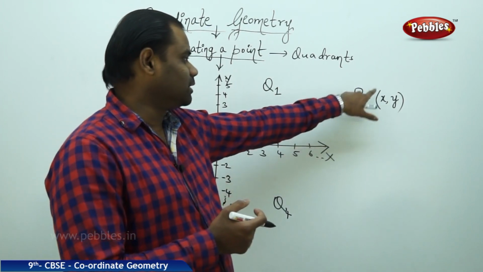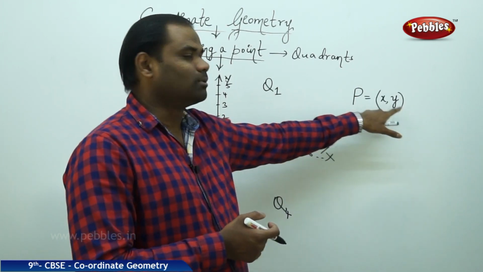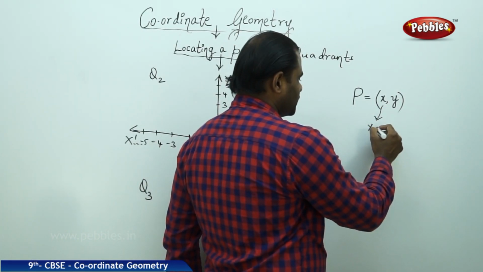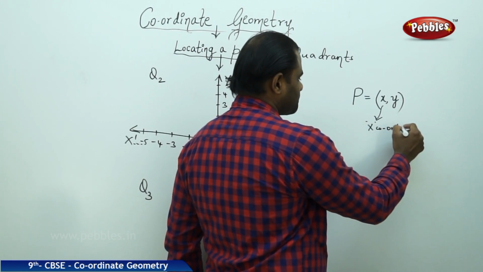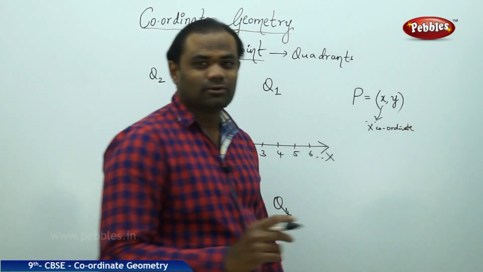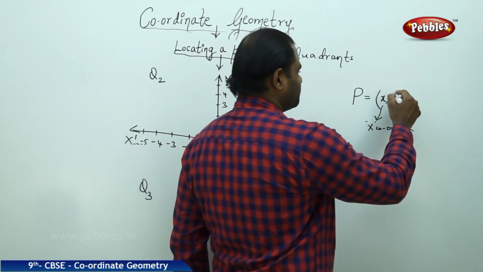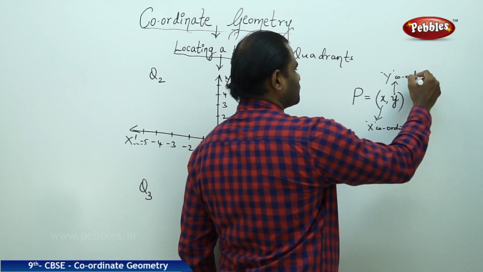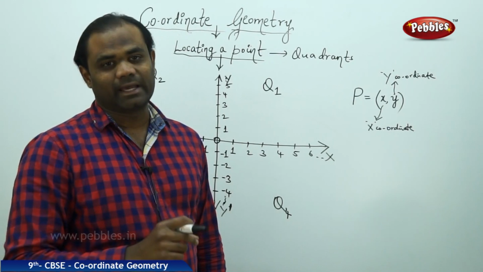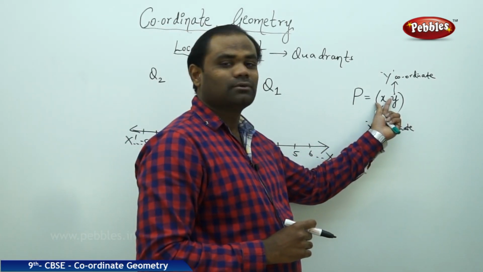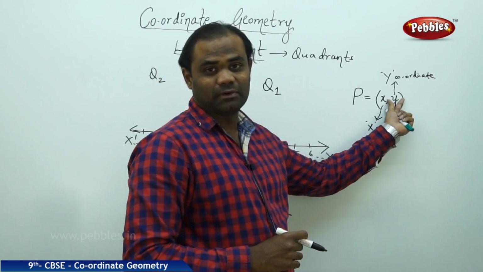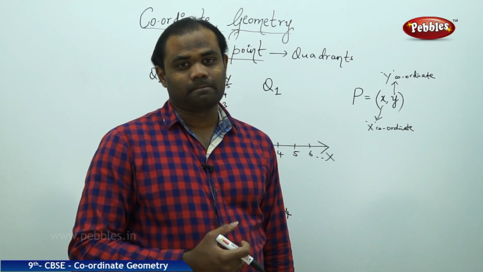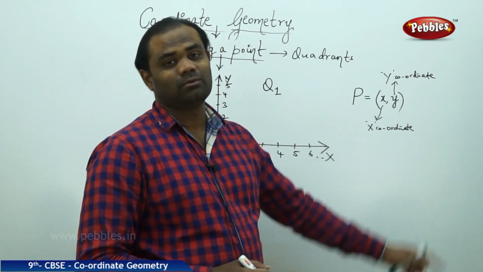When I take the point P, generally I denote it with open brackets with x, y, where x refers to the first value or the x coordinate, that is a value on the x-axis, and y refers to the y coordinate or the value on the y-axis. So here I have this value which lies on the x-axis, and here I have the value which lies on the y-axis. This is how the rule is applied for the point, generally denoted by x, y.